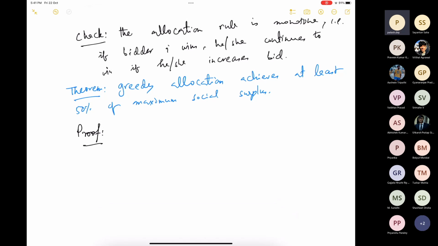Okay, so the proof. Let opt be the maximum social surplus, and say alg is the social surplus of the greedy algorithm.